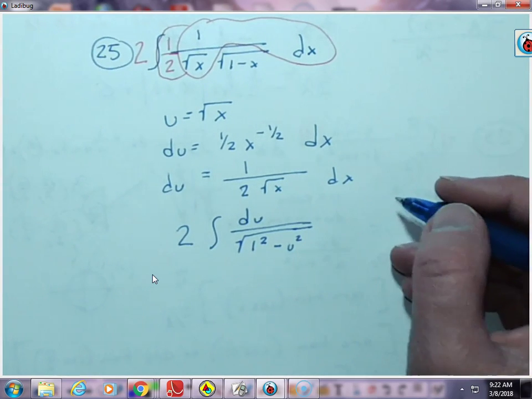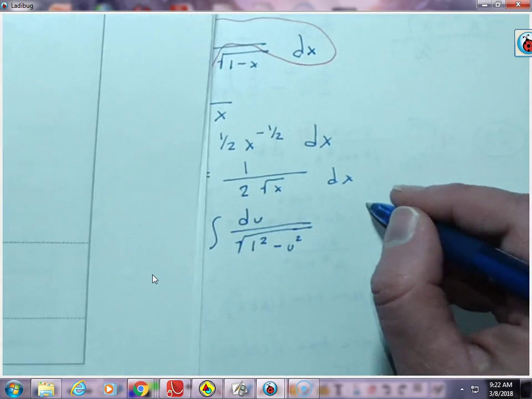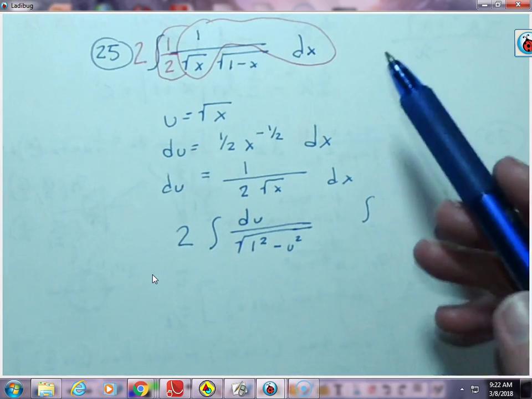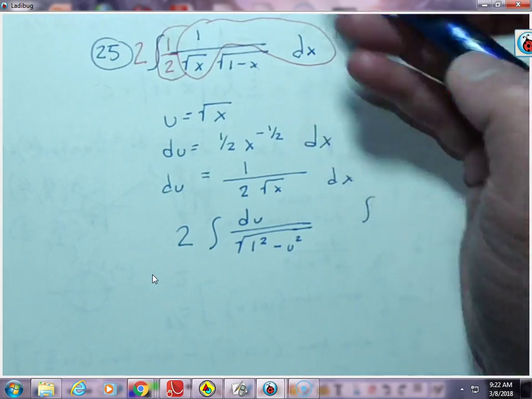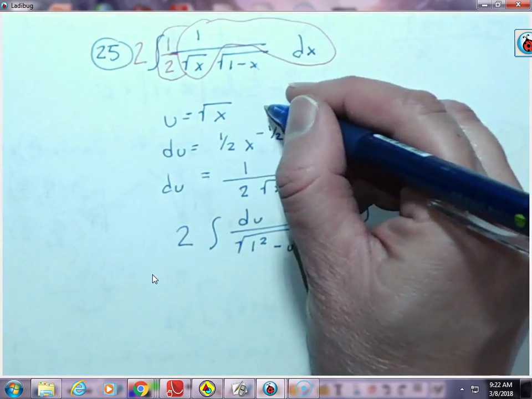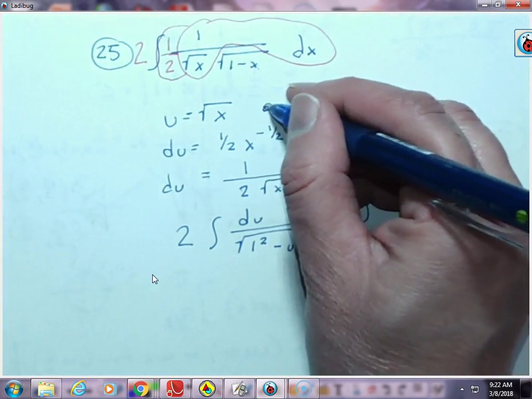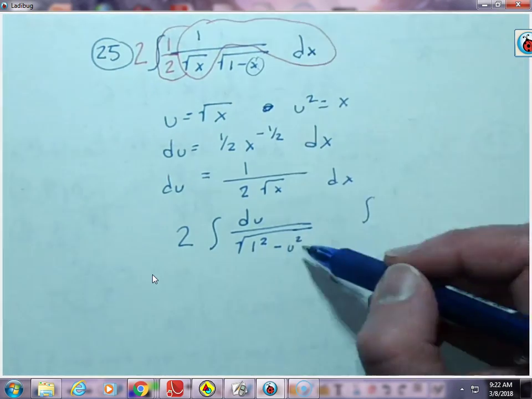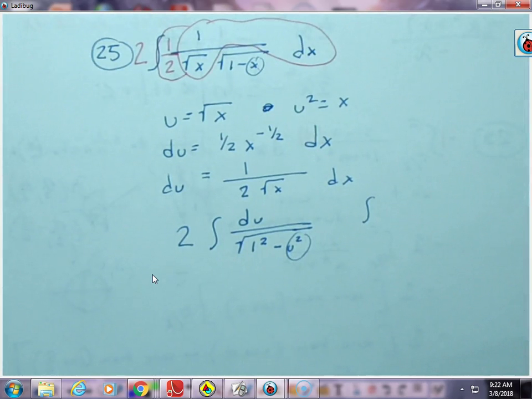So I kind of need my arcsine rule. Now, there's certain rules. Because this is x, and u is the square root of x, if you square both sides, u squared would just be x. So instead of that x, I'm putting u squared.